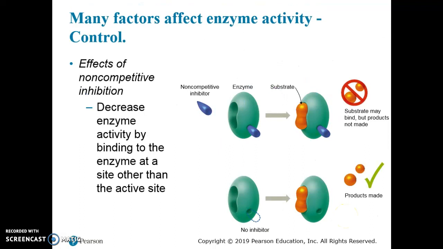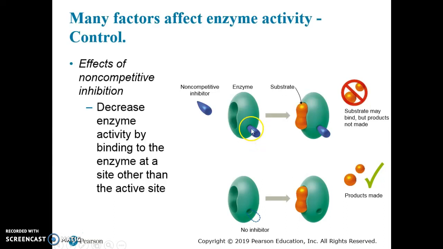All right, non-competitive inhibition. This is still a means to control the enzyme activity, but it's not working at the active site. So here's the non-competitive inhibitor. It's not competing for the active site, so in this case the substrate can still bind. However, the non-competitive inhibitor fits somewhere else.